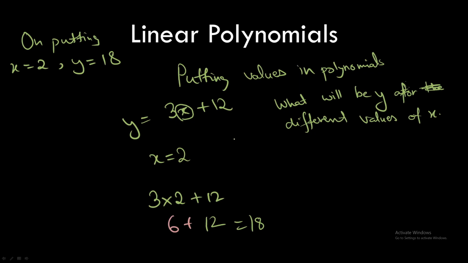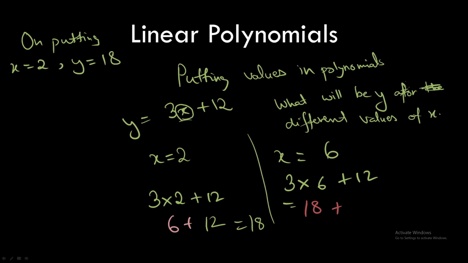Now let us do another. x is equal to 6. So now let us put 6 in the place of x. So it is going to be 3 times 6 plus 12, which is equal to 18 plus 12.